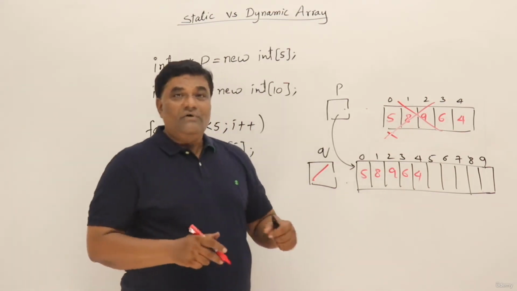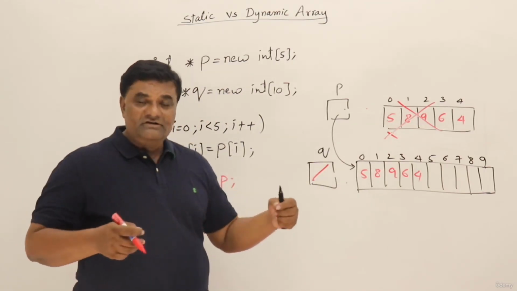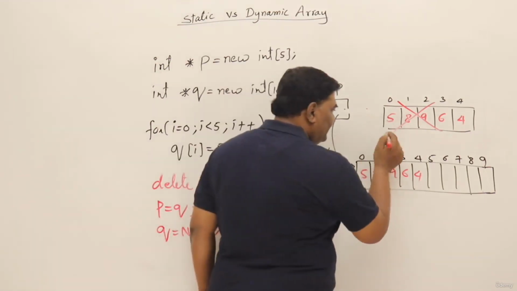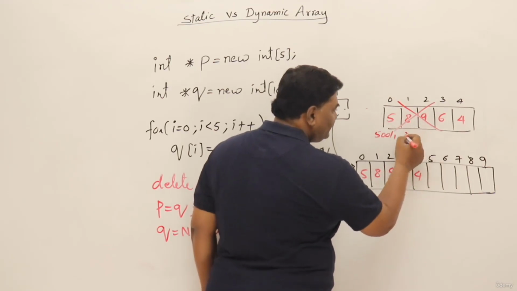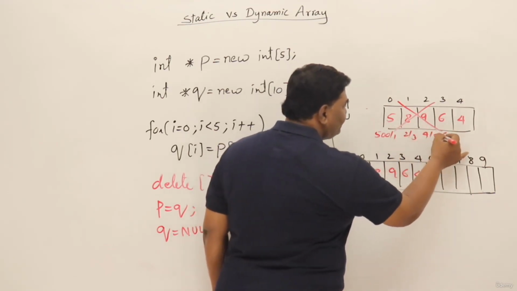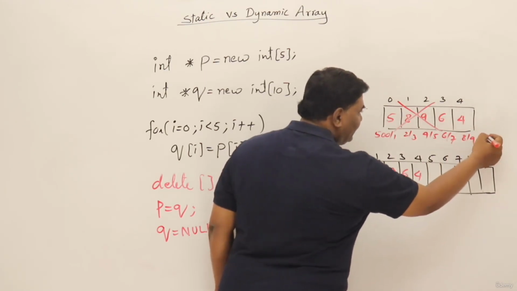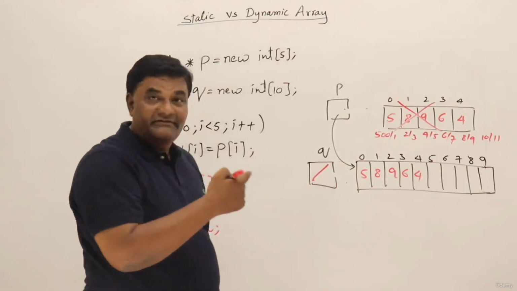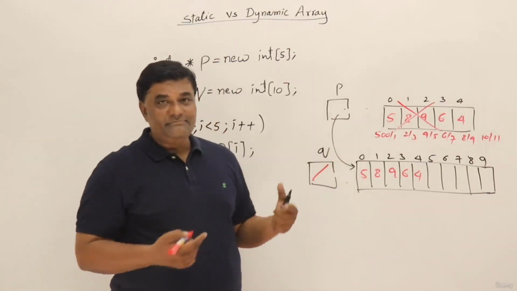Now I'll tell you the reason why the array size cannot be grown: because the memory for the array should be contiguous. For example, the beginning address of this is 500 and 501, then 2, 3, 4, 5, 6, 7, 8, 9, then the next location must be 10, 11. Now we don't know whether that location is freely available or not, or it is used by some other object inside the same program.